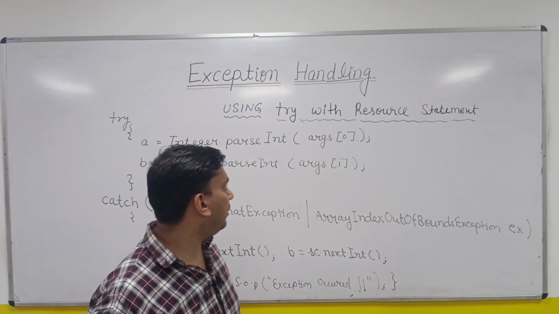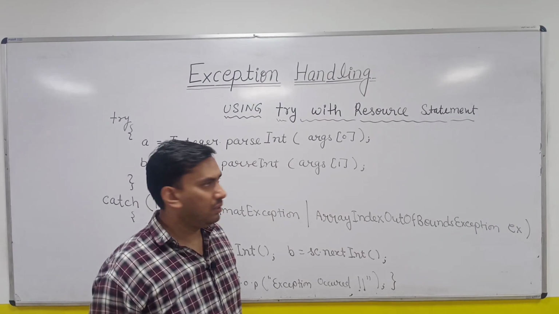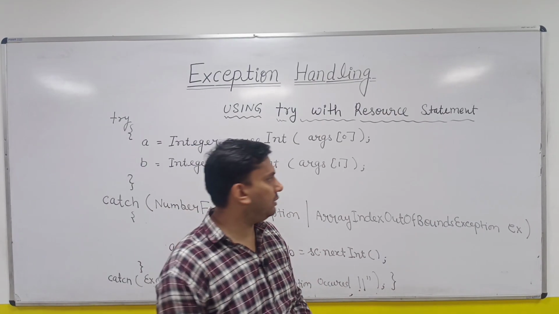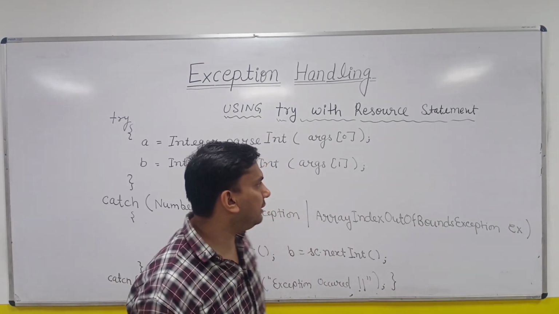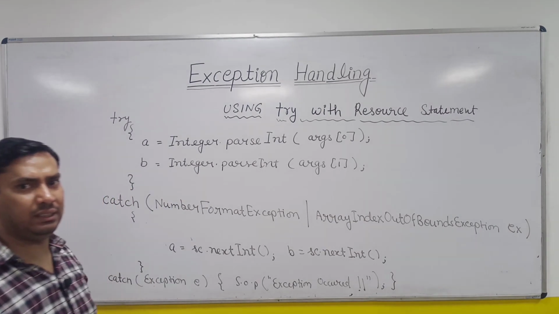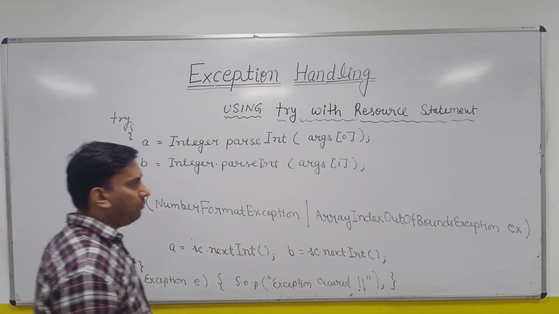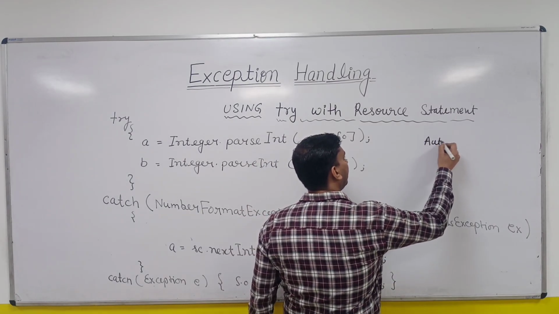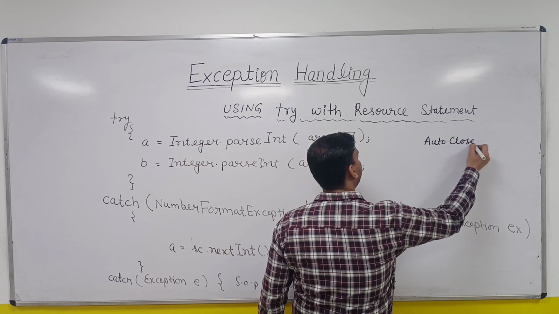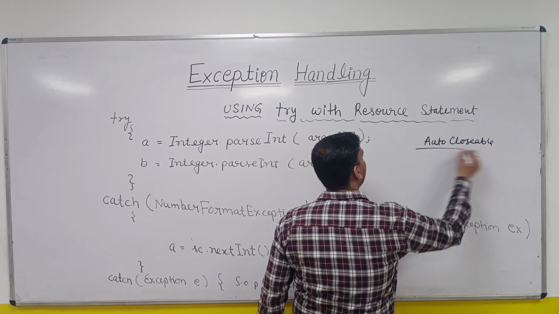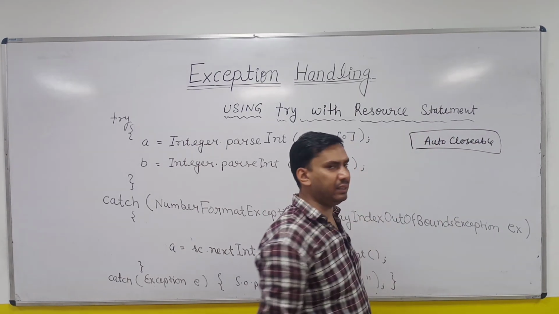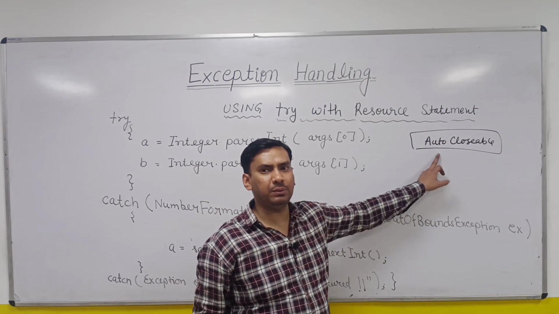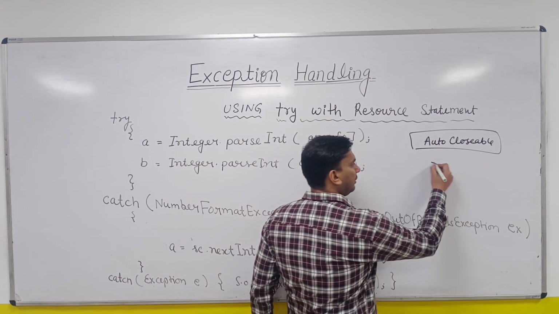Now there is a concept of try with resource statement. So first of all, what is a resource? In general terms, I have told you what a resource is, but in technical terms, a resource is any Java class or interface which is a subclass of AutoCloseable. AutoCloseable is an interface, and this interface provides you a method close.